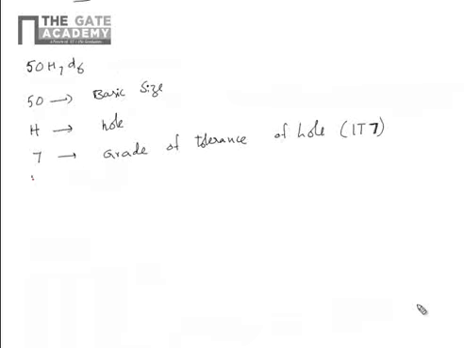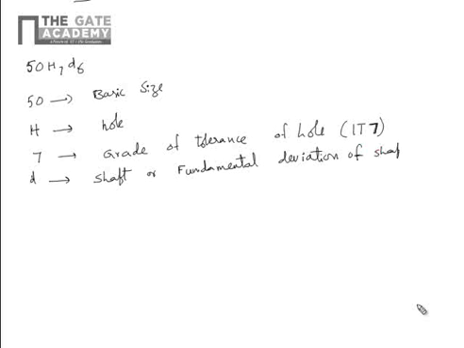Similarly, small d represents shaft dimension, fundamental deviation of shaft. And similarly 6 represents grade of tolerance of shaft.